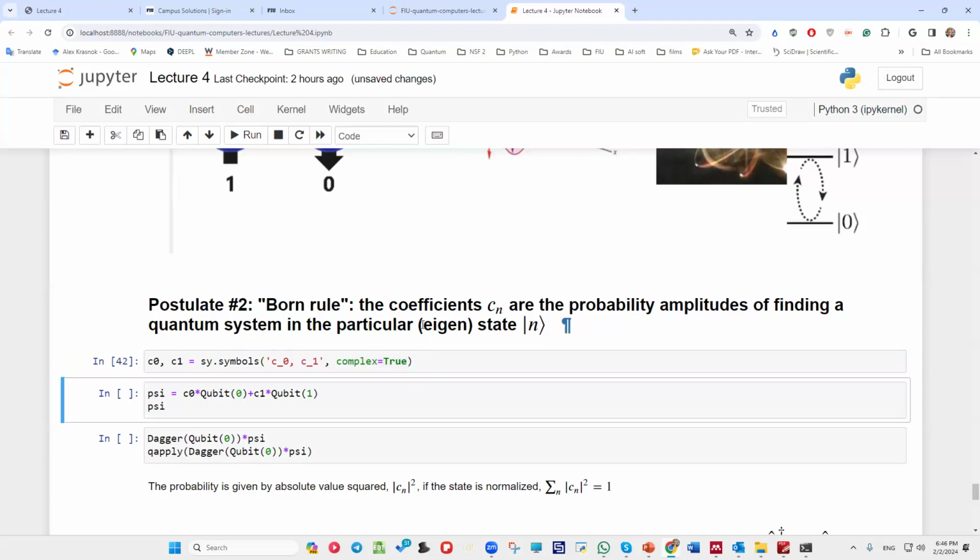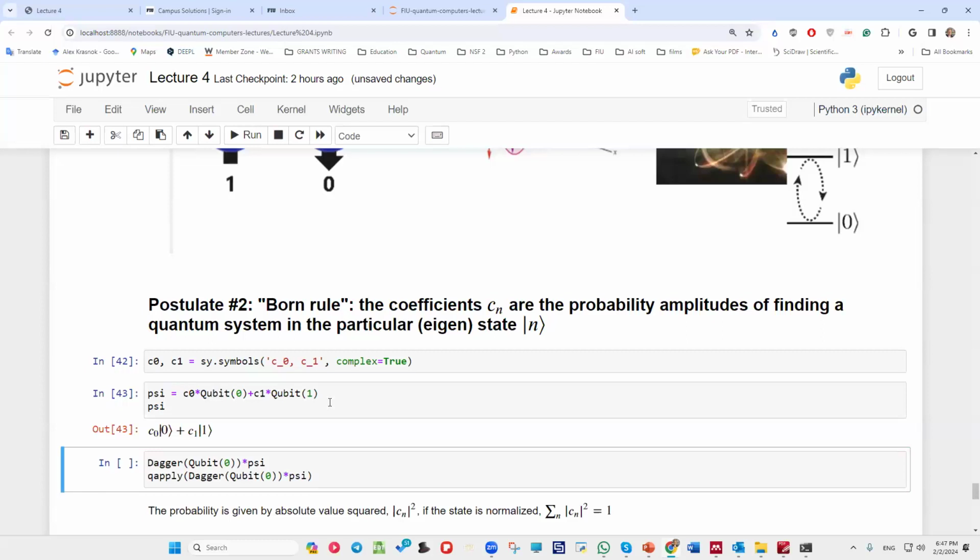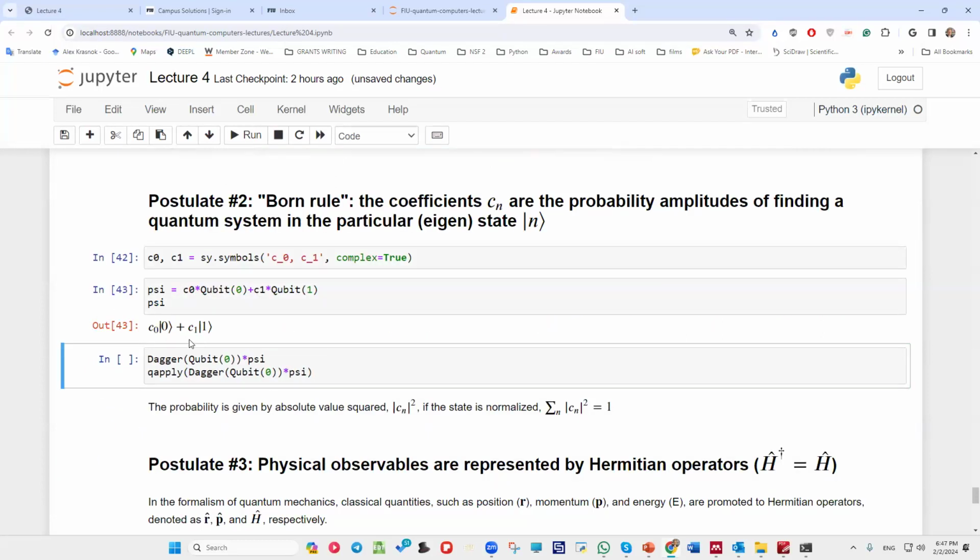And then having these coefficients introduced, I can write the general state of a qubit like this. So C0 and C1 both multiply the corresponding state of the qubit. Right, so this is the result. This is the general state of a qubit.